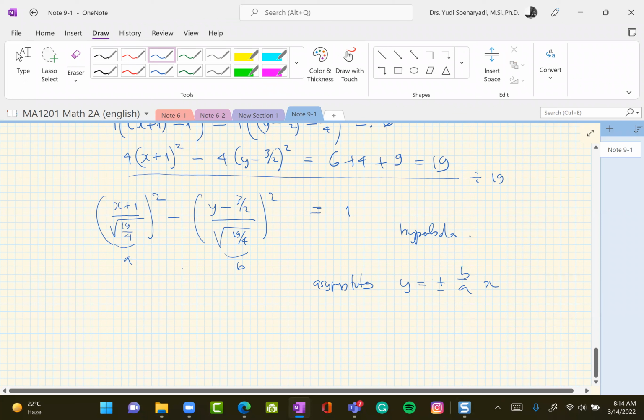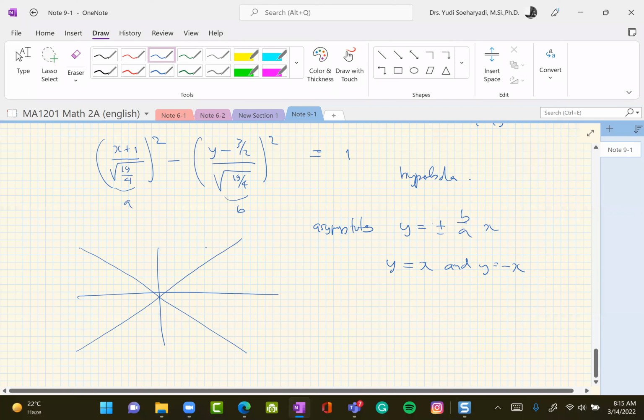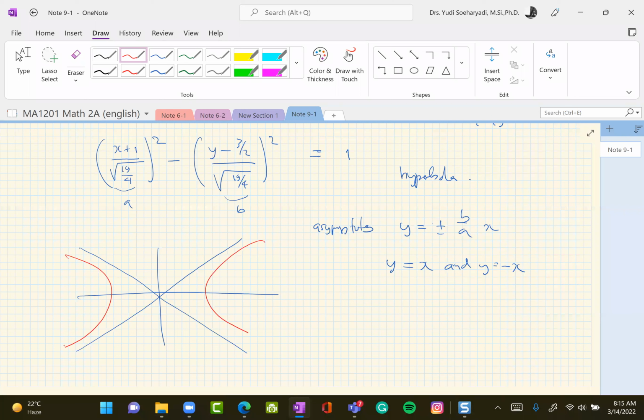Because A and B are the same, so you get this picture here. So this is the asymptote. Okay, so this is the picture. All right, questions?